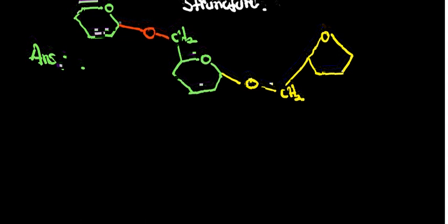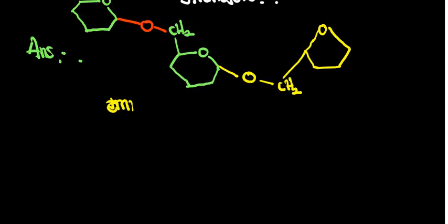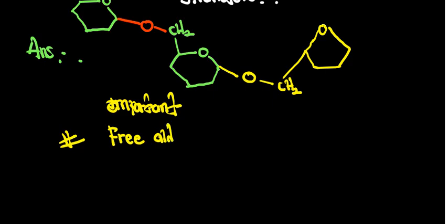When you talk about the reducing sugars, you need to have free aldehydes and ketones. Then you know to say that that structure is a reducing sugar.